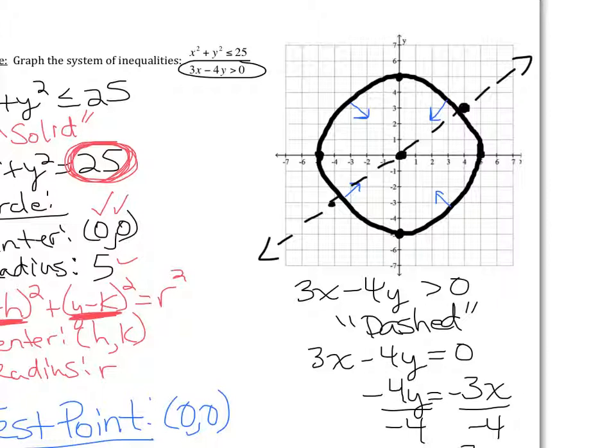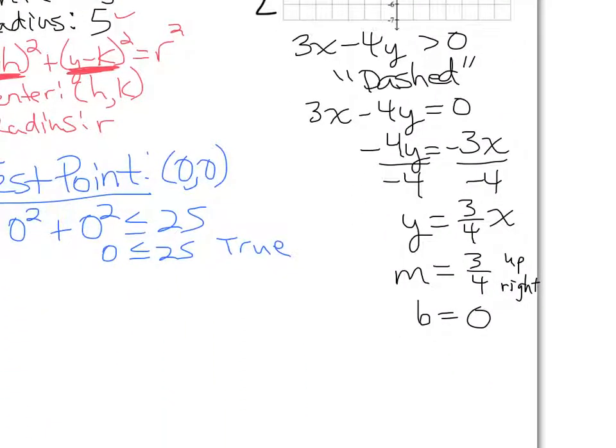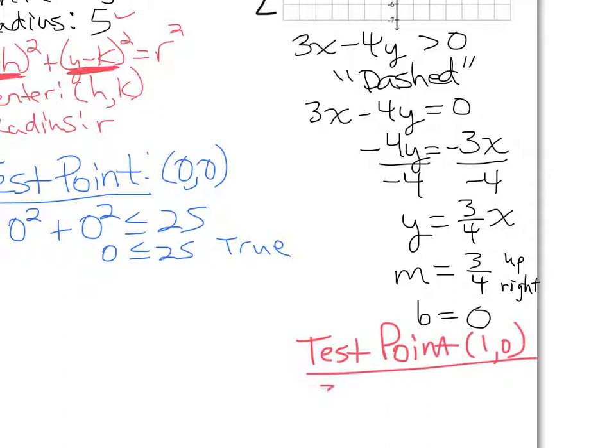1, 0 is on the right here. If you want to say on the right side or the bottom of your line, you can. But I'm going to use that as my test point. So I'm going to come down here and plug the point 1, 0 into that inequality. I get 3 times 1 minus 4 times 0 is greater than 0.